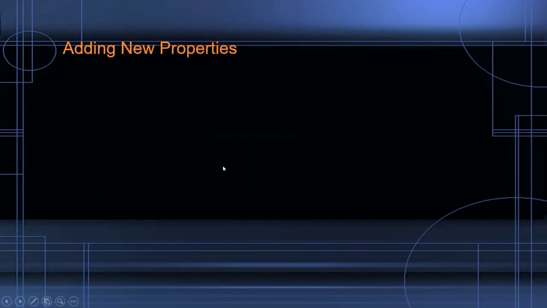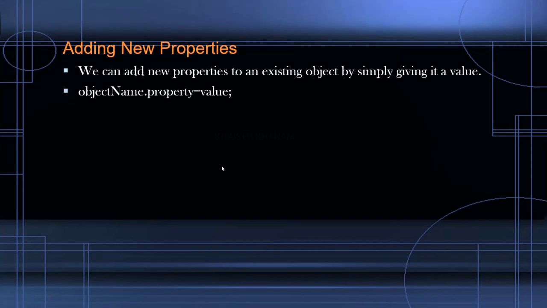Now, adding new properties. First, let's understand the theoretical part. Once you get the basics, then we will go to the practical part and understand each of these. We can add new properties to an existing object by simply giving it a value. Suppose I have one object.